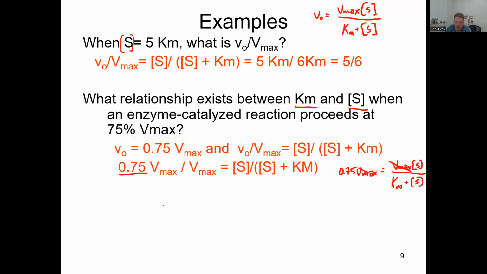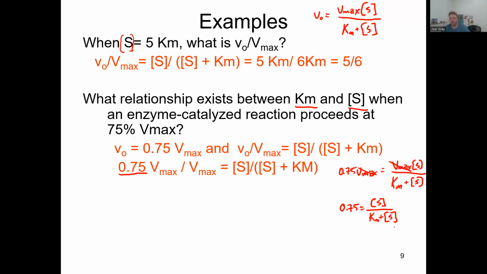And so that's why we arrive at 0.75. Then there's another little step of algebra. 0.75 equals substrate concentration over Km plus substrate concentration.